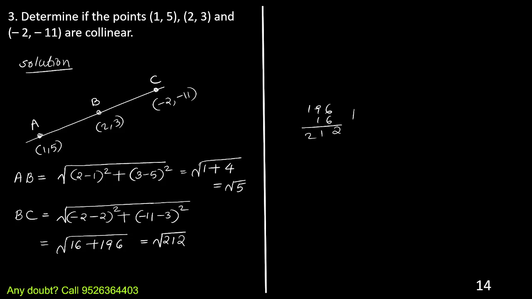So we must reduce it. If there is a square root of a larger number, we must reduce it. Root 212, how will you reduce it? First of all, the number is to be divided by a perfect square, not 2 or 3.